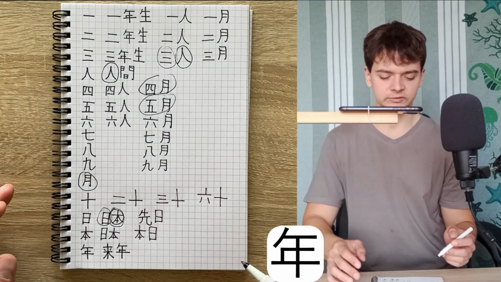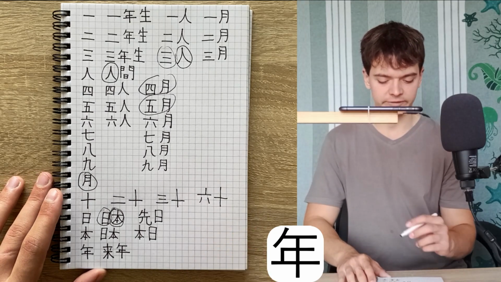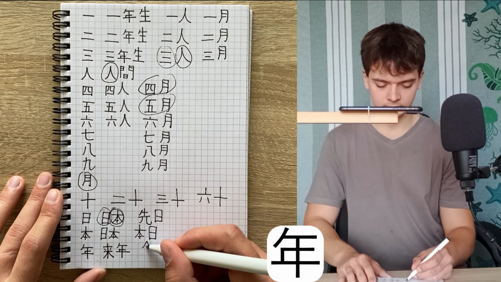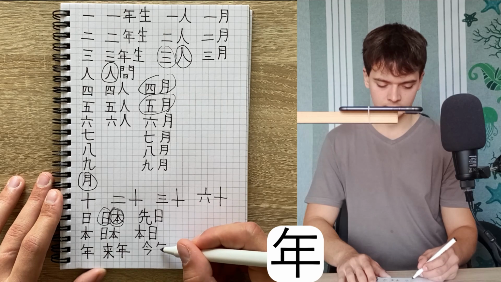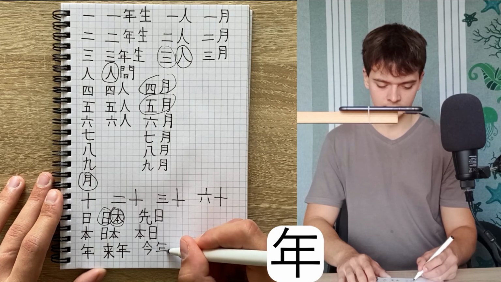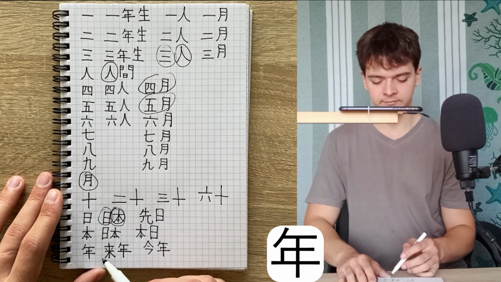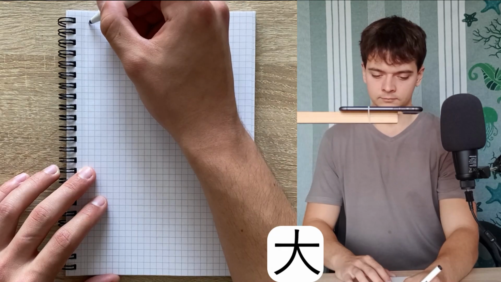But if you used it in this year, kotoshi, it would have the reading toshi. Kotoshi, this year. Rainen, next year. Toshi, year.